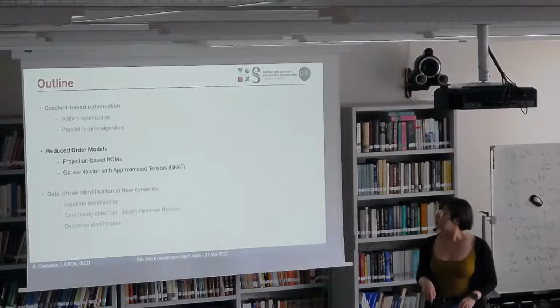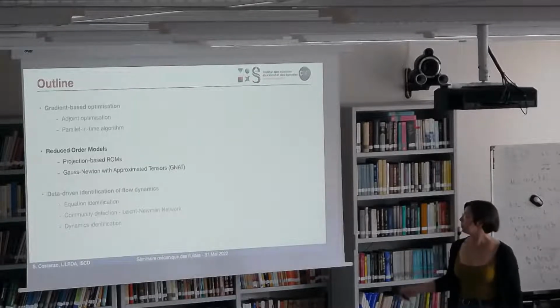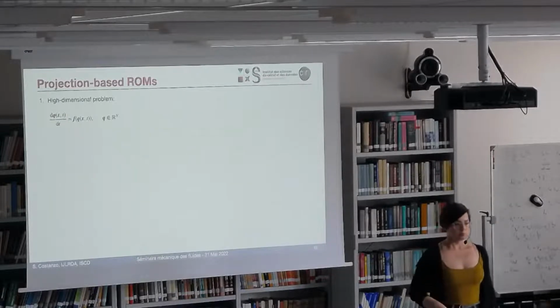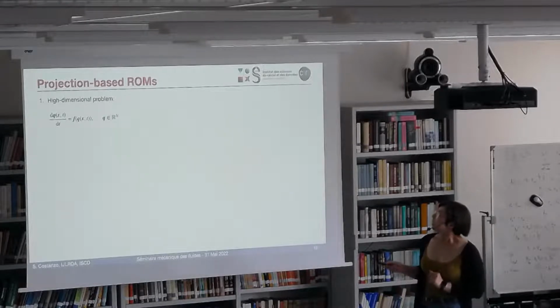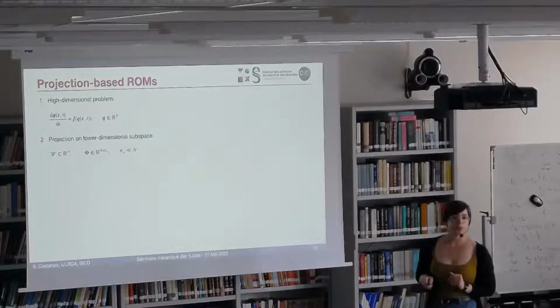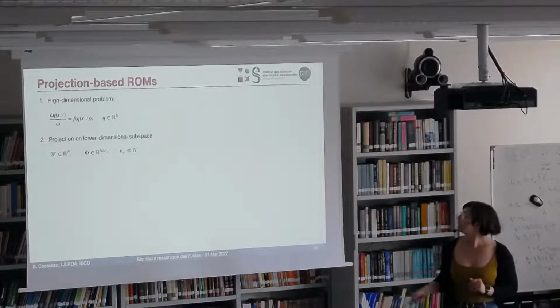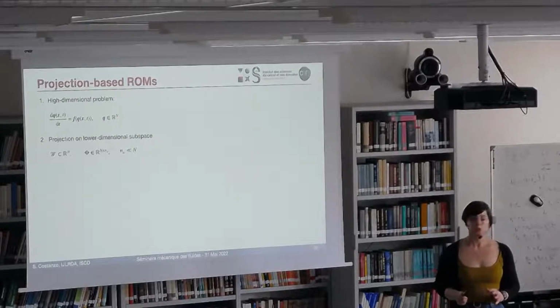When we talk about reduced order models, now we want to reduce the dimension of the problem. So how does a projection-based reduced order model work? Very simply, as much as I can. We take the high dimensional problem and we want to project it onto a lower dimensional subspace spanned by some set of orthogonal bases, where the dimension of the basis is much smaller than the dimension of the high dimensional problem.